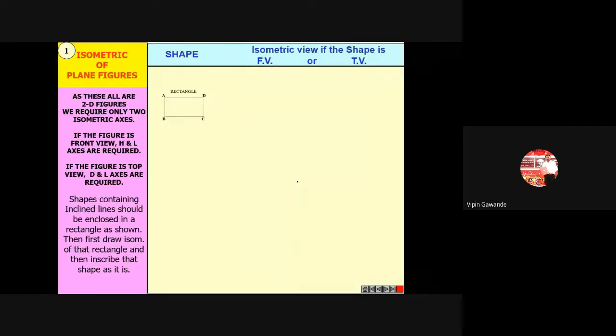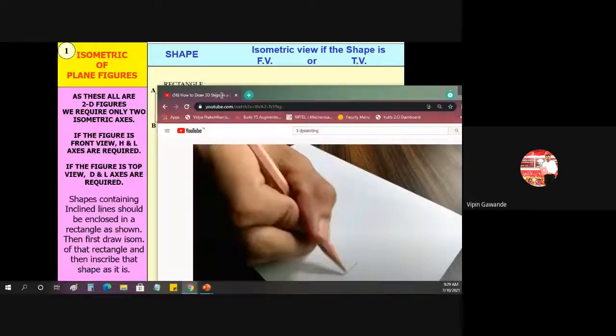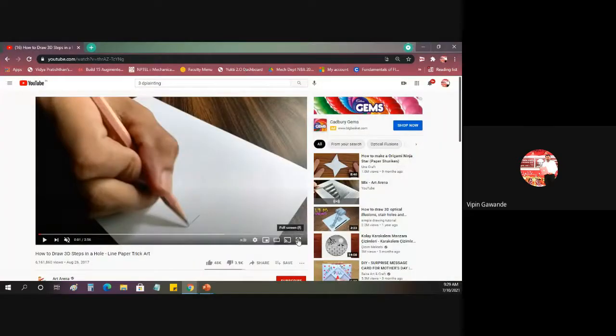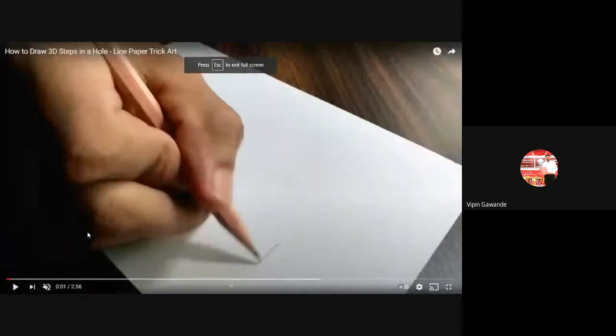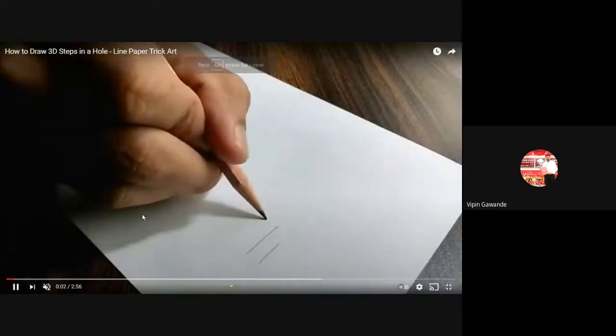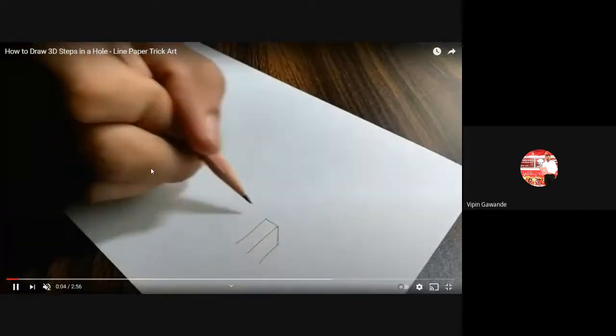Now let us see some of the drawings. Now suppose this is the triangle. Let me show you what this isometric view is. You have seen these videos on Facebook or YouTube also. So what is this isometric drawing?